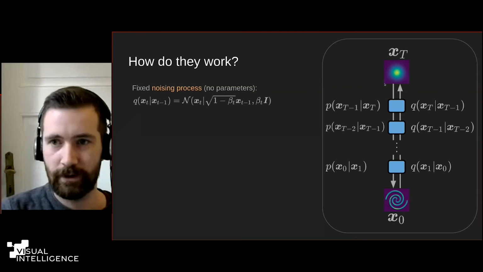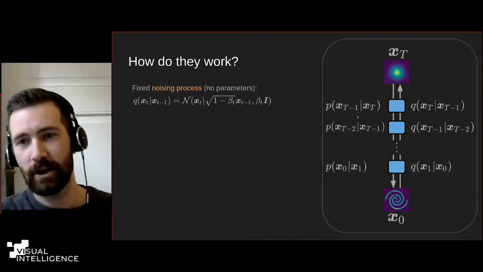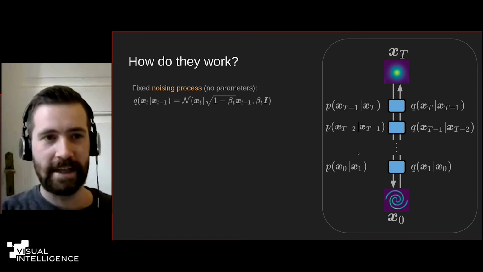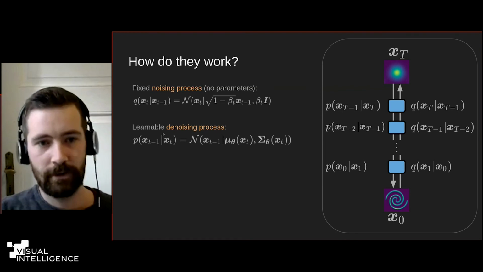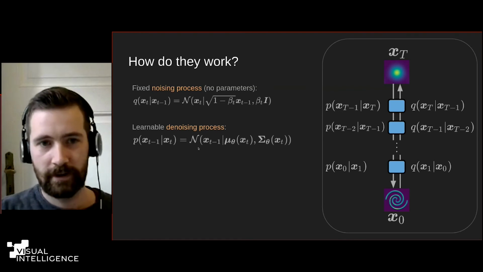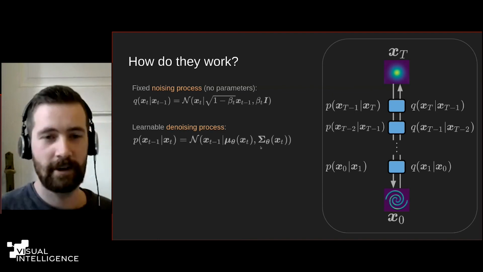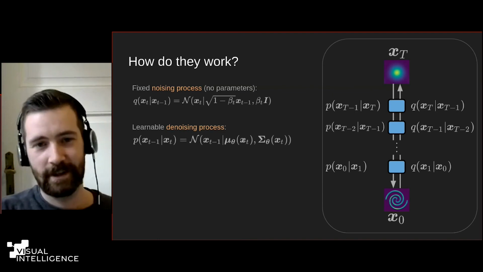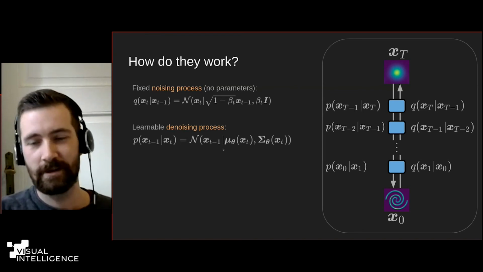And then we learn a distribution P that learns to essentially undo this noising process, or denoise the data. And this is learnable. So here we use some Gaussian like this, but it's parameterized by a neural network that takes in the noisy version of the image and outputs a slightly less noisy version of that image.